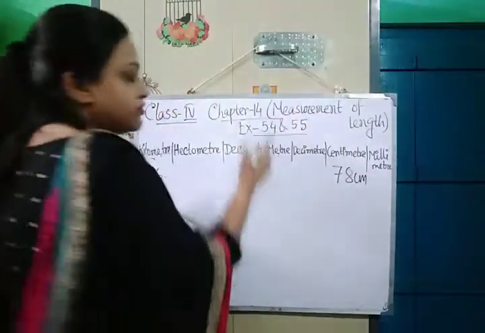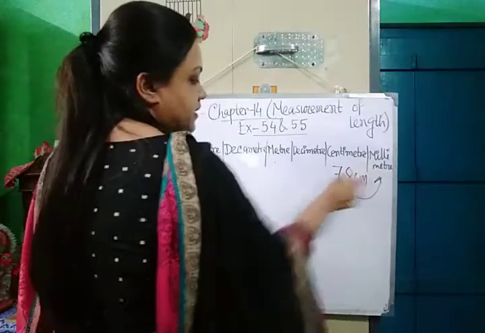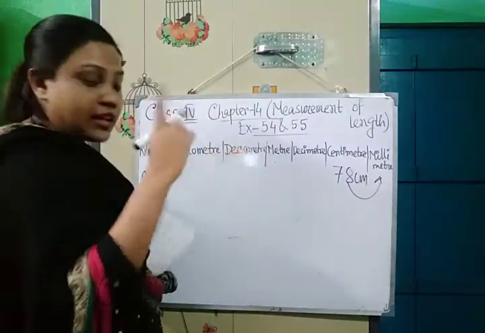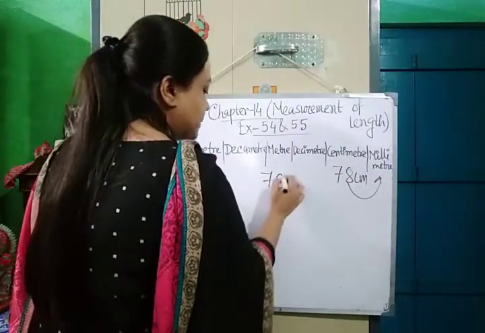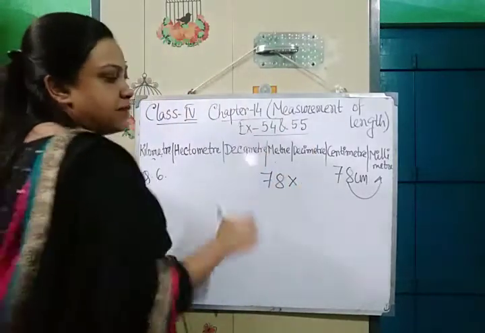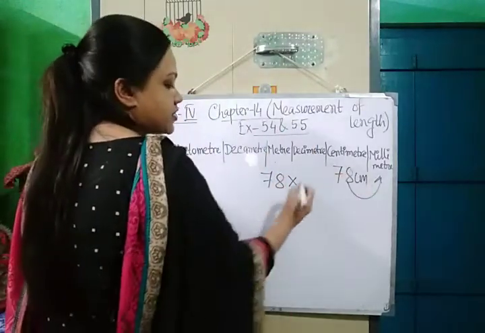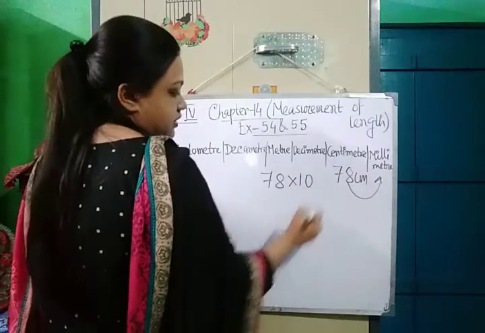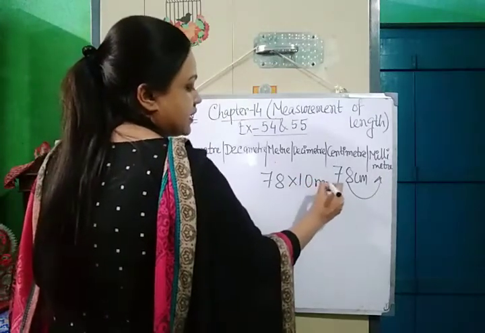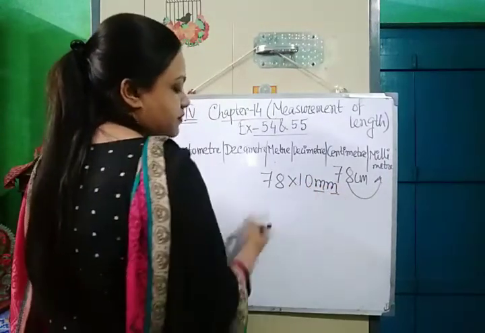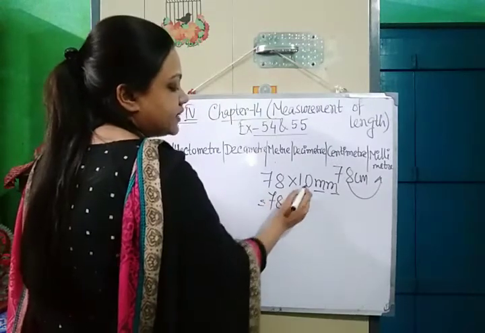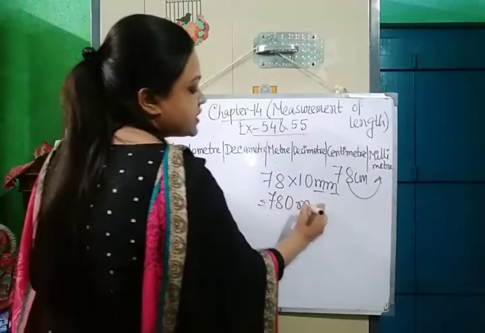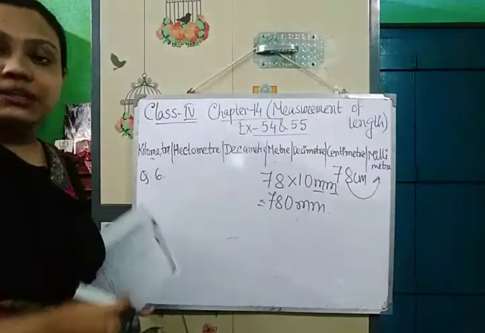So see, again we have to convert it to millimeter. We have to move to the right, so we will again multiply. How many places? Only one place. So only 10 after 1, and it will be millimeter. Okay. So 78 with 0 put after it. It will be 780 millimeter.